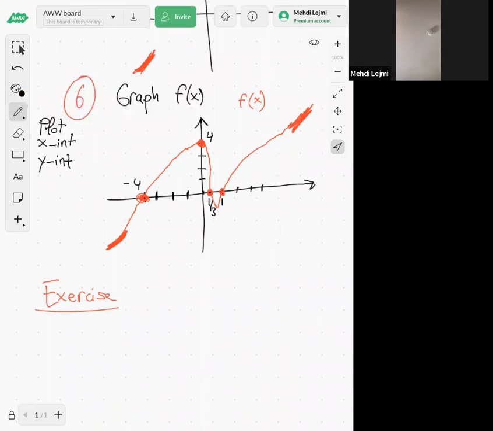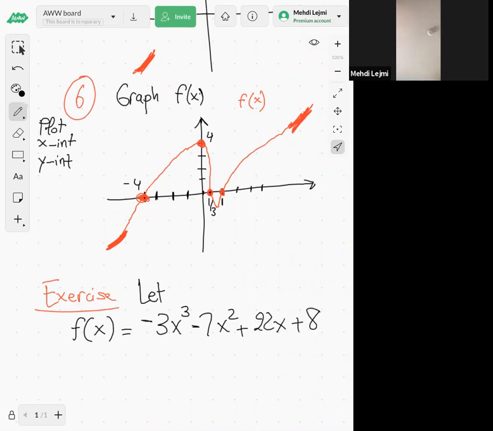So let's say f of x equals -3x cubed minus 7x squared plus 22x plus 8, right?